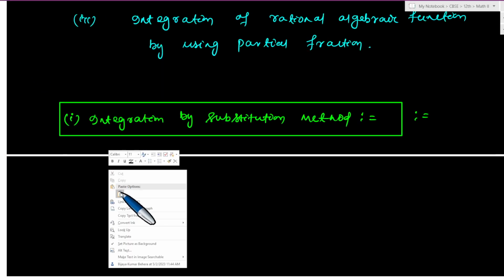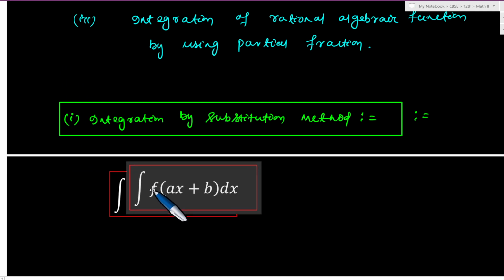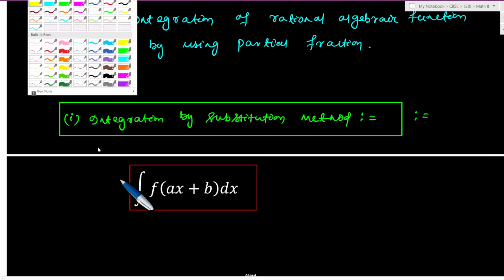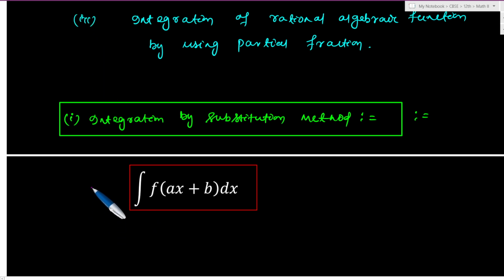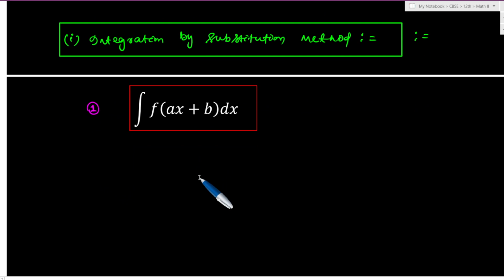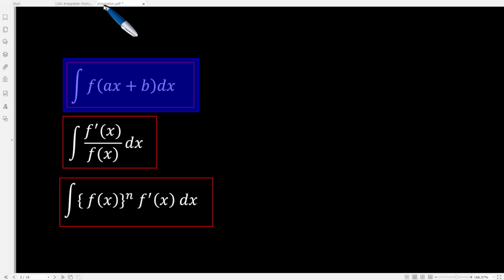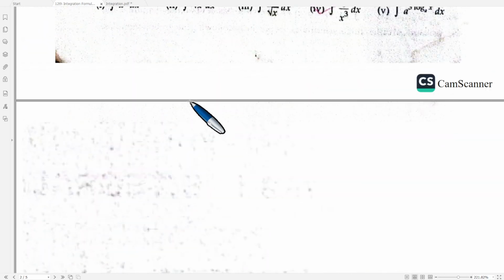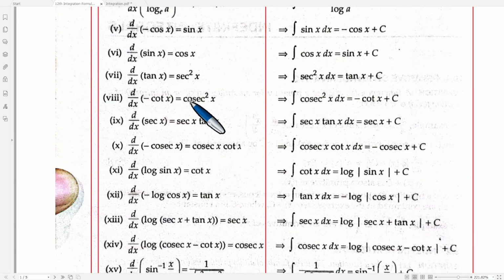This is the first form of integration by substitution method. I will tell everything, don't worry. And you have to use all the formulas; without formulas, you cannot solve anything.